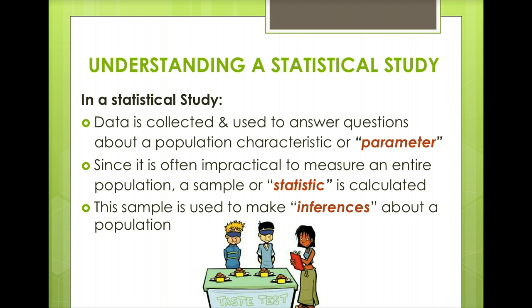It would be almost impossible to sample all of the households in the United States to find out how they all really thought. So instead, you will take a sample, you will take a statistic of the population. So maybe you would choose 50,000 households or 100,000 households, as long as it was a random sample. Then you would collect your data, and then you would use that to make inferences about a population.